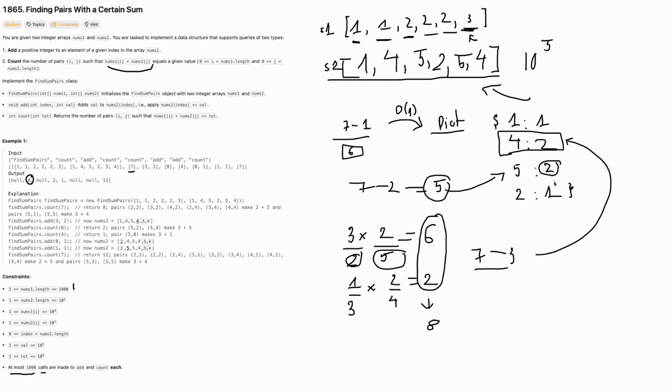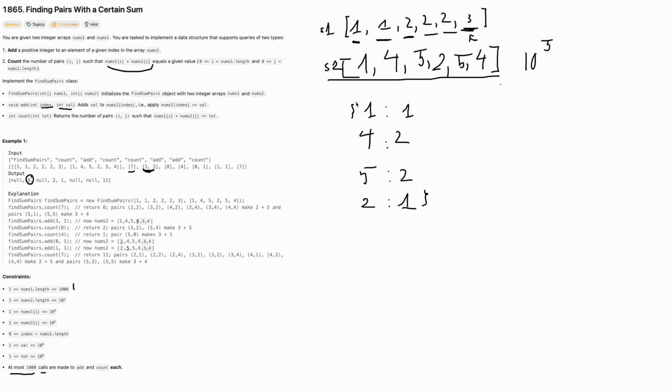Here we can see that the difficult things happen when we update the dictionary for the frequency in the S2. So what if we are given one query about the add operation, where the first element is the index, and the second one, the following one, is the value.